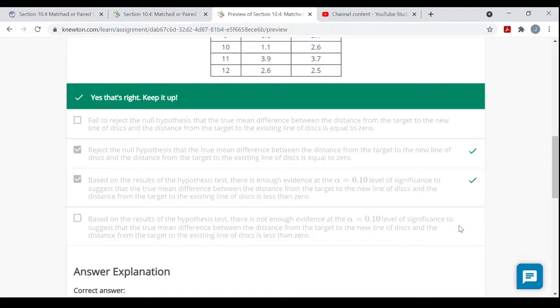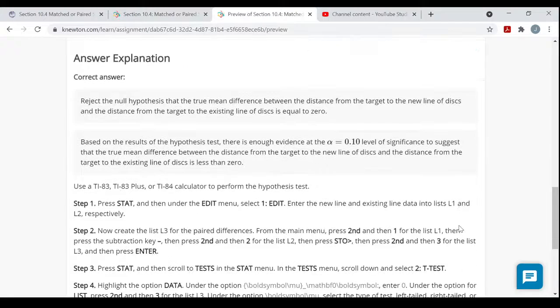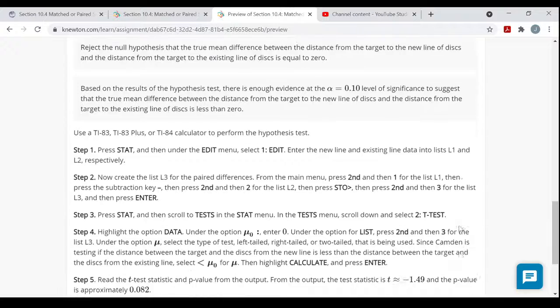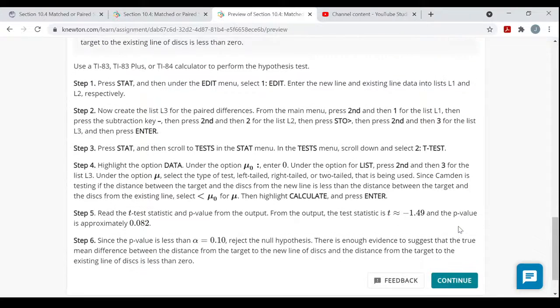Wonderful. All right, so again, this is the only one I'm going to do for this. Just remember that if you've got this paired data scenario, you need to make a list of the differences between those sets of data, and then go to the t-test, just a one sample t-test, and the list you're using is that list of differences.